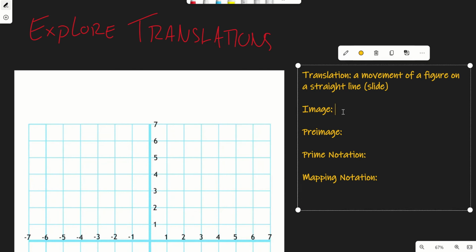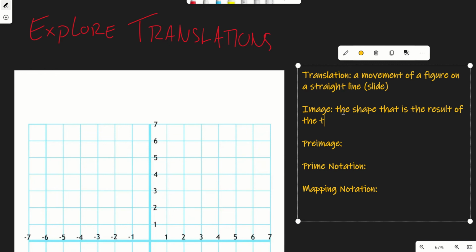And when we talk about translations, a couple words come into play. An image is the shape that is the result of the translation. So after I move something, my new placement, we call that the image. And we say the pre-image is the original figure.